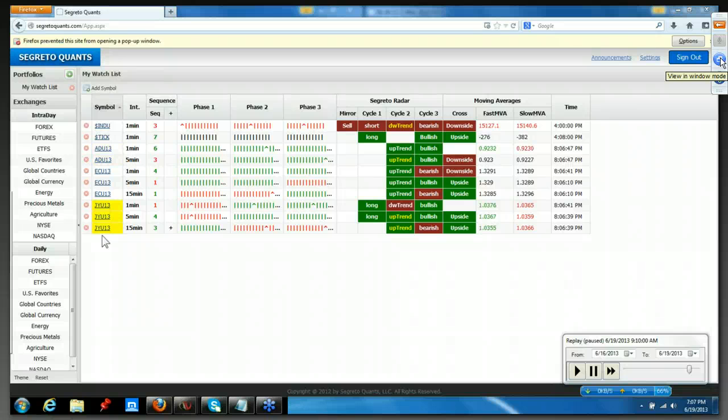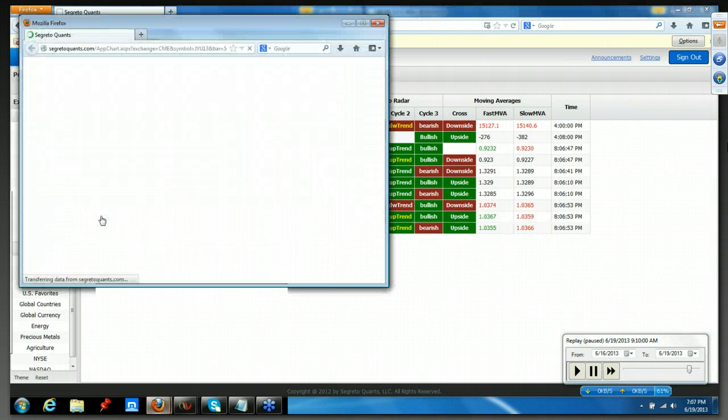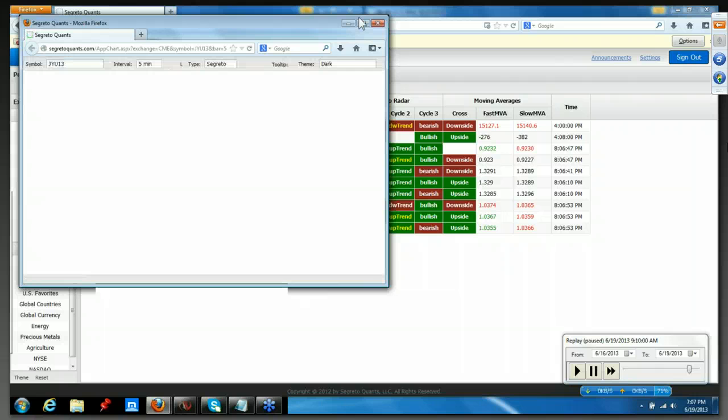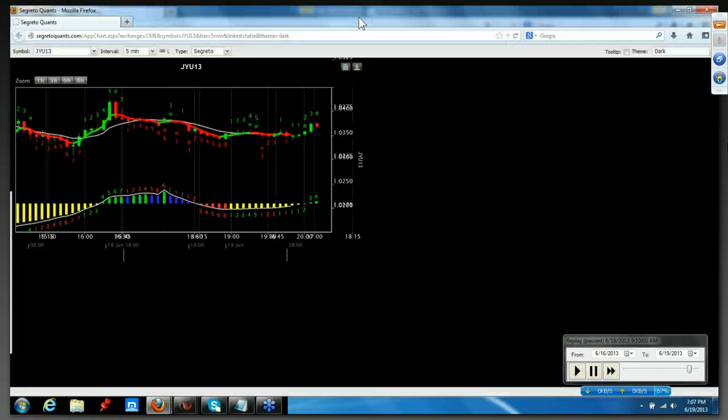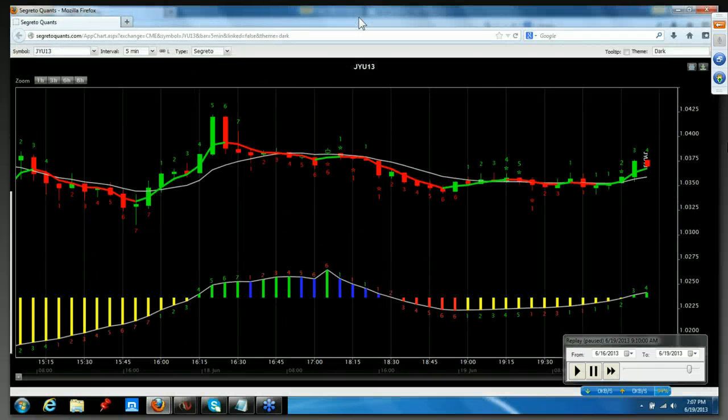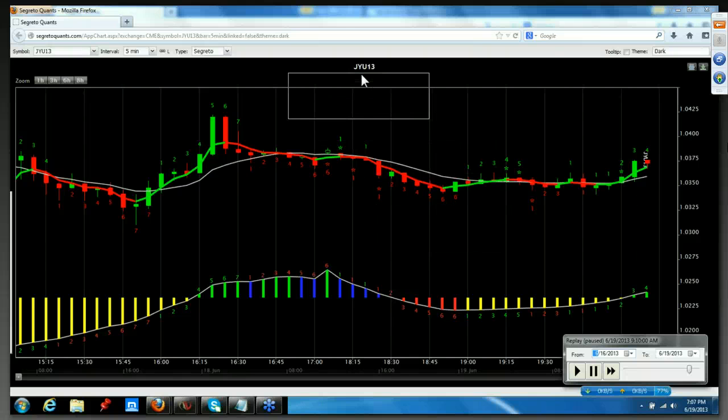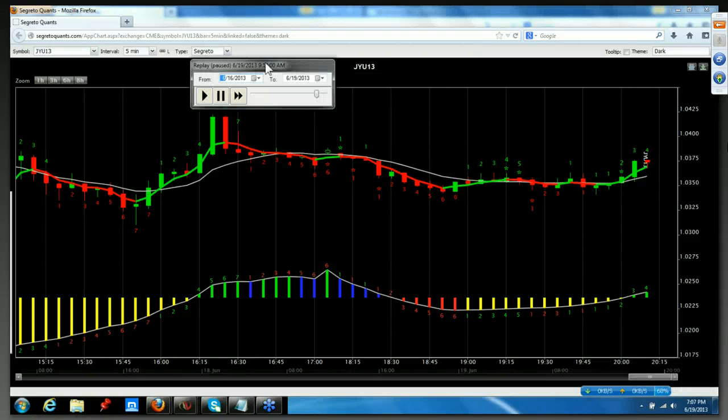Now, what I want to show you first is what one of these charts looks like. So let me do something here. There are all kinds of ways that you can personalize this.